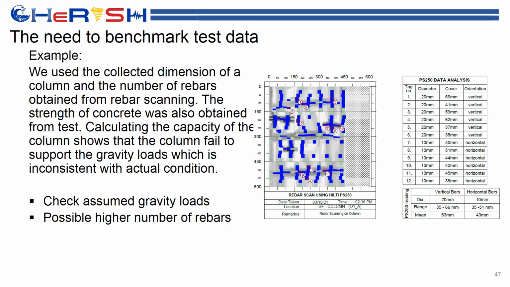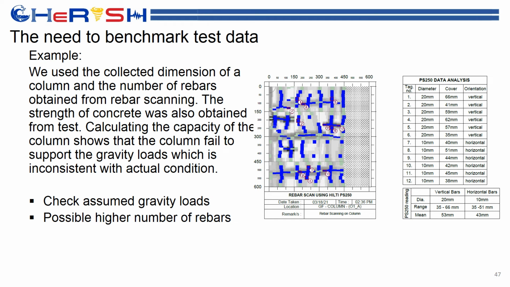So one possible reason for it is that the rebar scanning technique, although it is already advanced, still has some limitation, because the estimate of the diameter is not really that accurate, so we might underestimate the diameter of rebar.